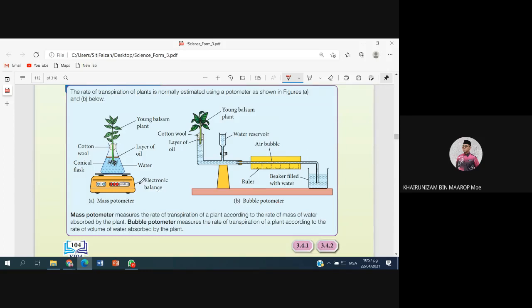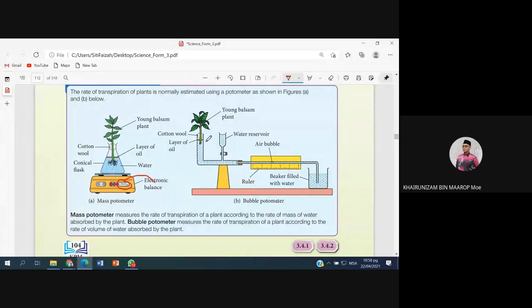And then this is the electronic balance to measure the amount of water. And this method is the same as this method, because this one only uses a bubble.